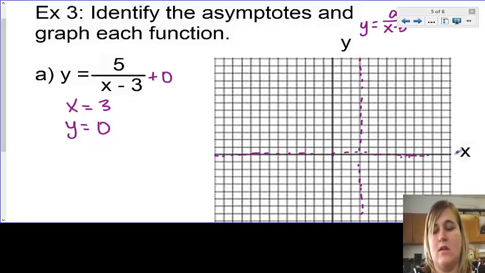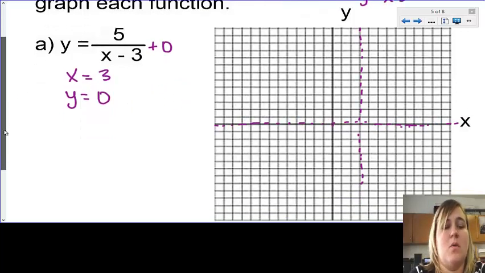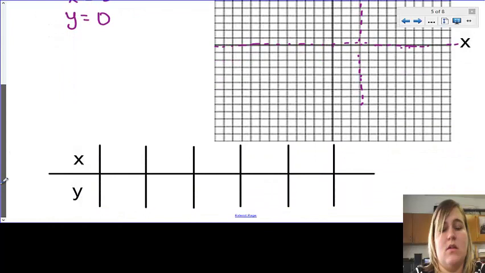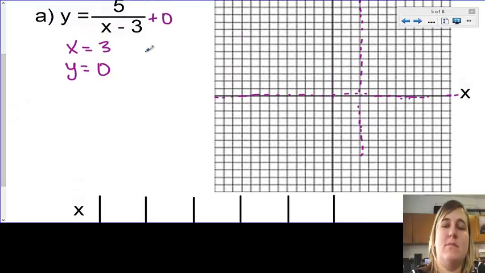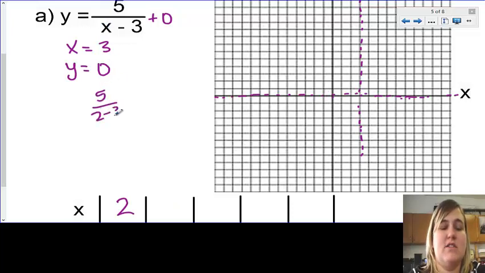Then for us to graph it, we can do a t-chart, which they give us right here. Looking at what we have, I always like to choose values that are easy for me. So if I chose 2, because if I put in 2 here, I would have 5 over 2 minus 3.